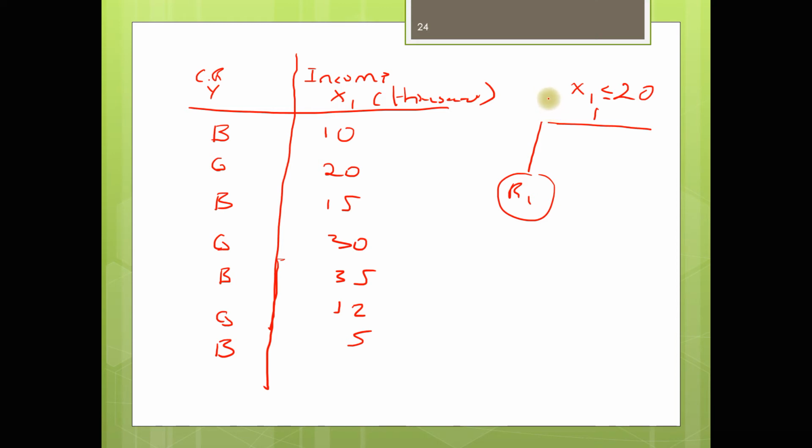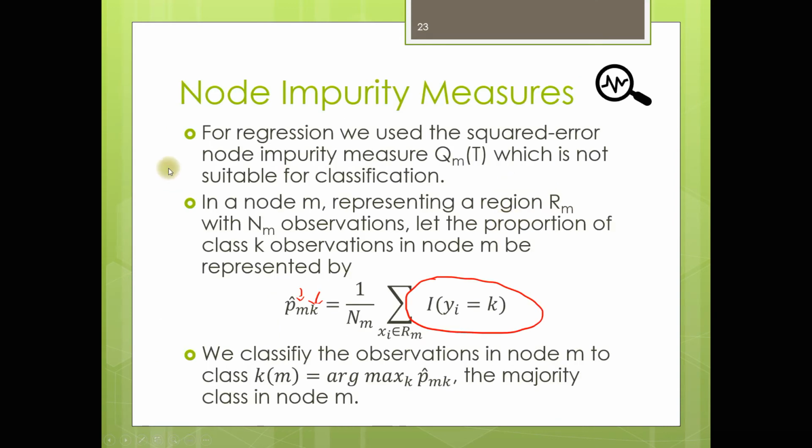So what is region R1? For less than or equal to 20, region R1 relates to these five values, that is, for xi belonging to region R1.